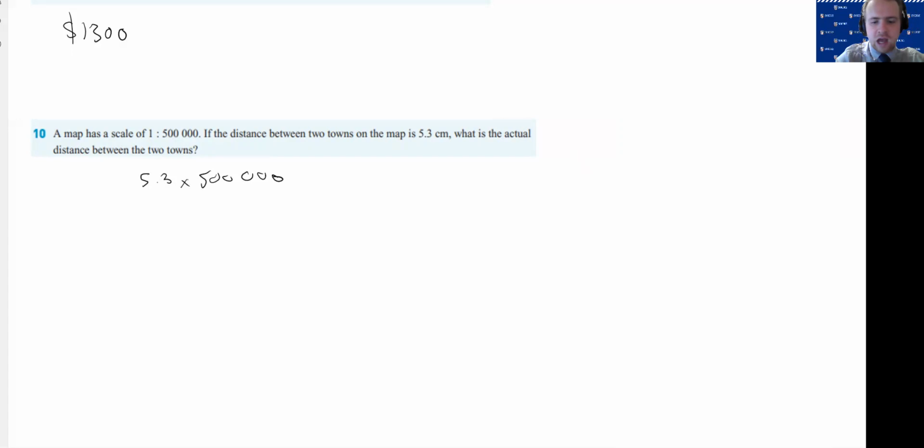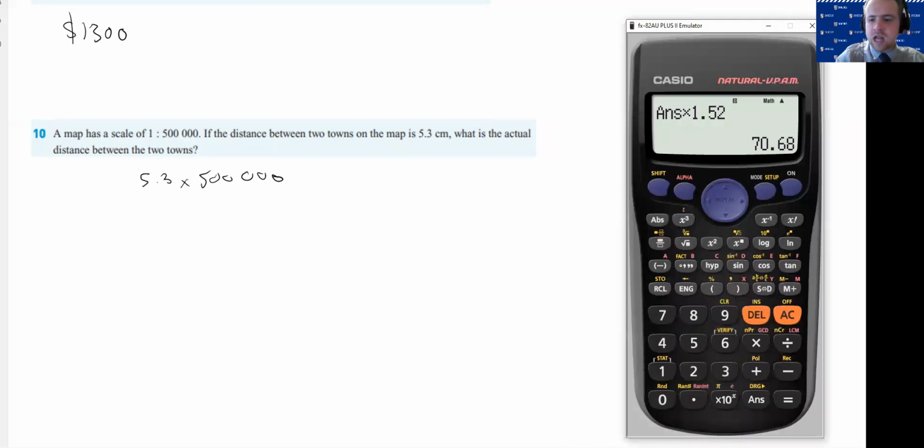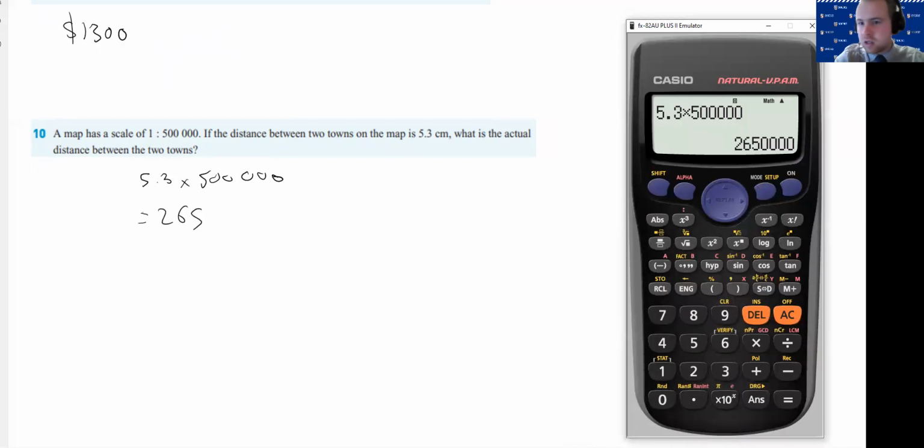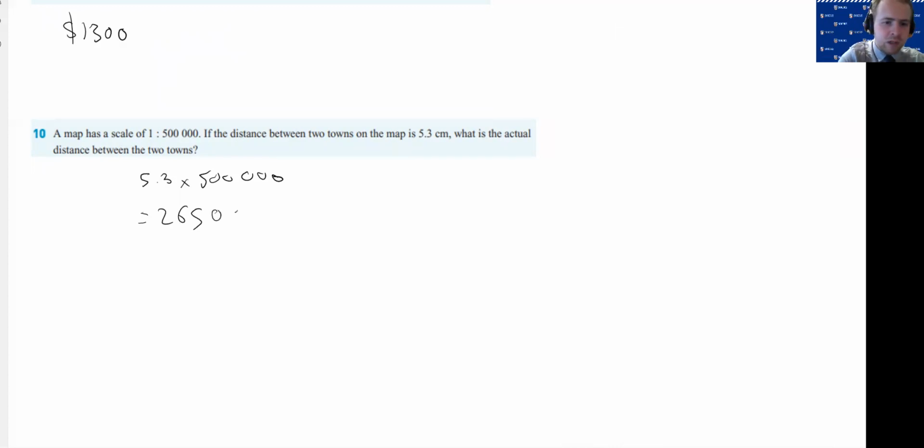And that will give us our distance in centimeters. So 5.3 times 500,000. Make sure you get the right number of zeros. Equals 265. And then we've got 4 zeros. 1, 2, 3, 4 centimeters.